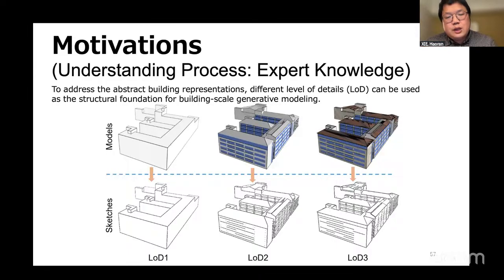Everyone knows that a sketch is in two dimensions, especially when we do the sketch on the screen. Recently, there are some works that use virtual reality, VR, or augmented reality. They can draw with 3D input, 3D trajectory input. So they can draw some multi-angle sketches. This is one possible way.